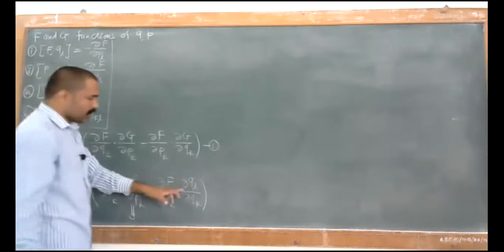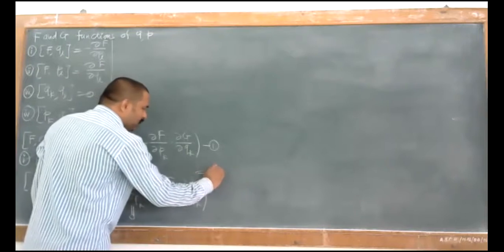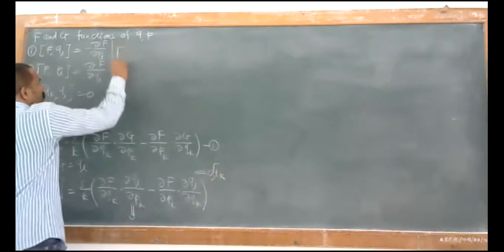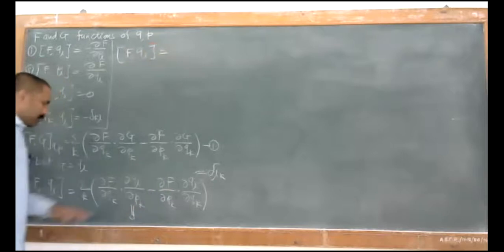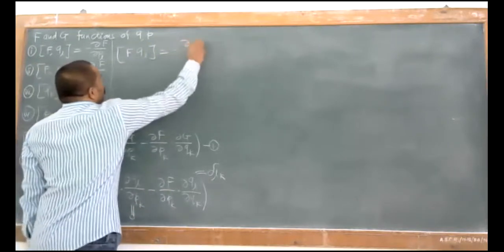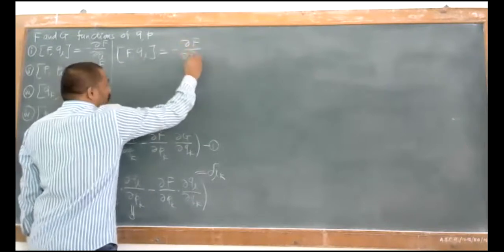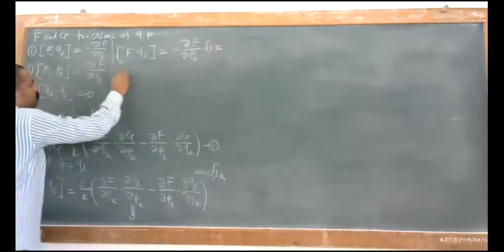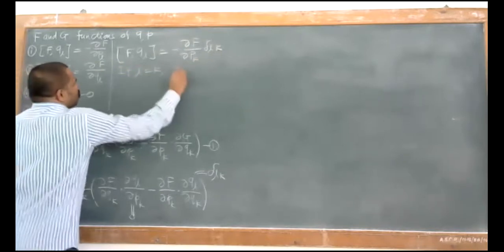And what about this one, ∂ql/∂qk? We can write that in terms of delta lk. So we can write the Poisson bracket of F, QL, that is equal to, the first term is 0, so you have minus ∂f/∂pk into delta lk. Now just use, if this L is equal to k, what is the Kronecker delta function?